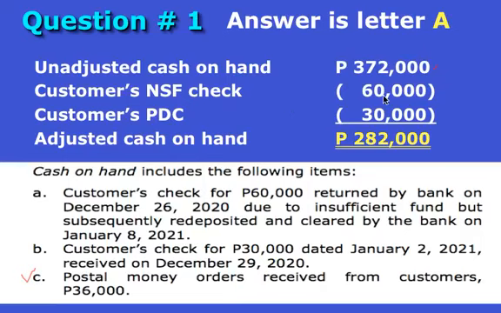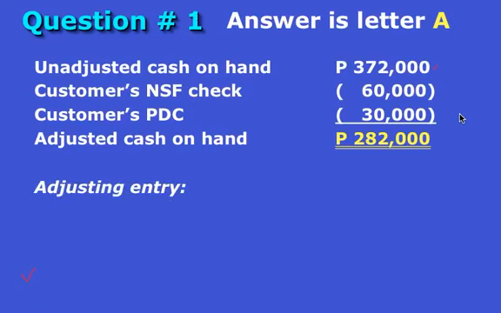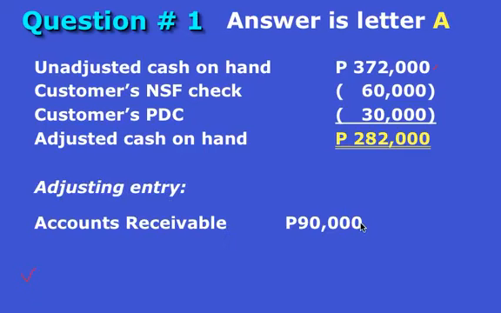As of December 31, anong classification yung NSF check and PDC na yan of the customer? Accounts receivable. So adjusting entry: debit accounts receivable, credit cash on hand. Erroneously included in cash on hand.